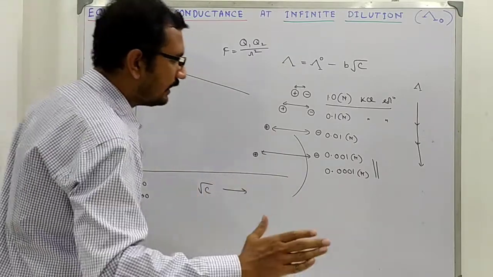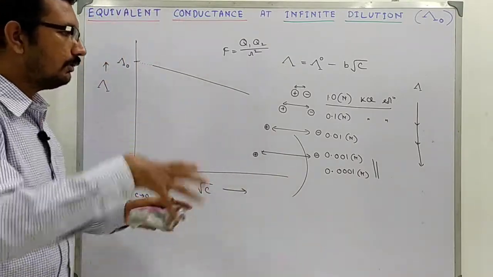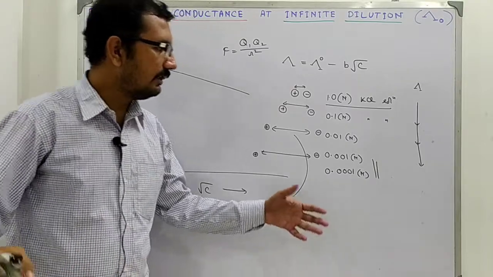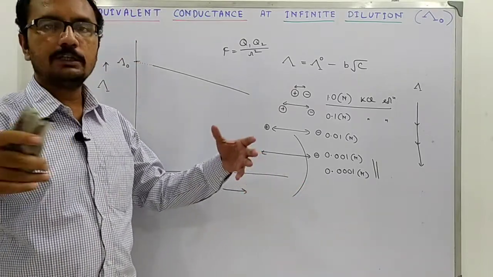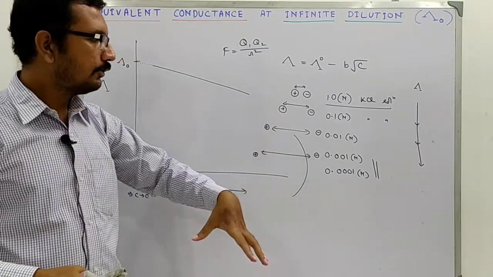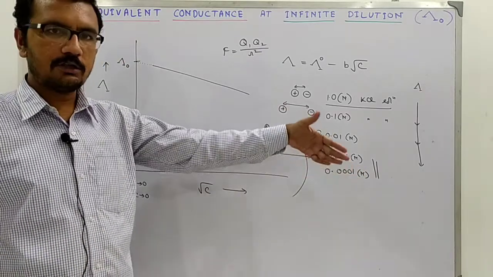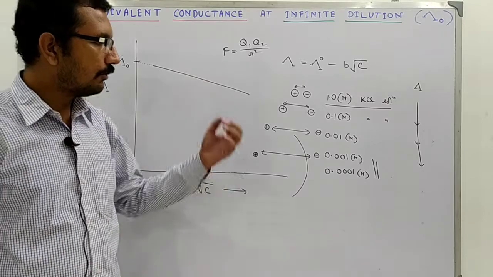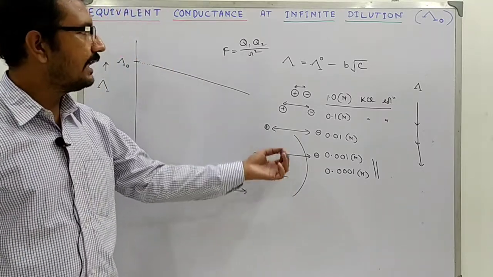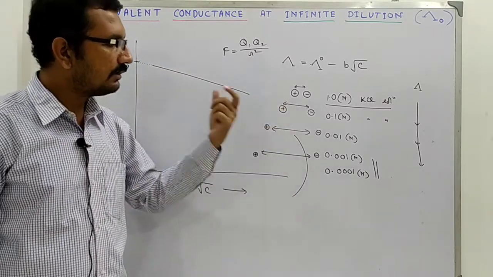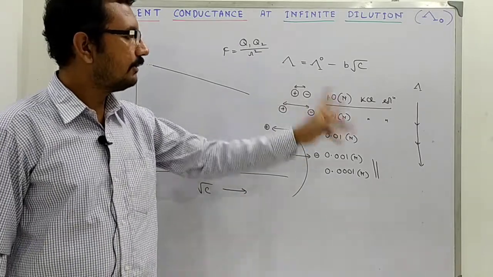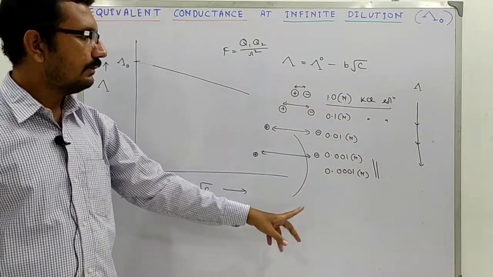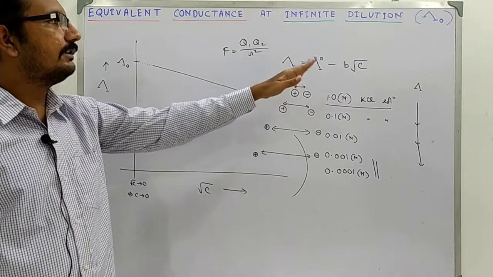It is not the case that you have to pour 10 to 13 municipality water tanks into the cell so as to dilute it to infinite times, not like that. The concentration at which you get the maximum value, and with further dilution the equivalent conductance does not increase, that is the equivalent conductance at infinite dilution.